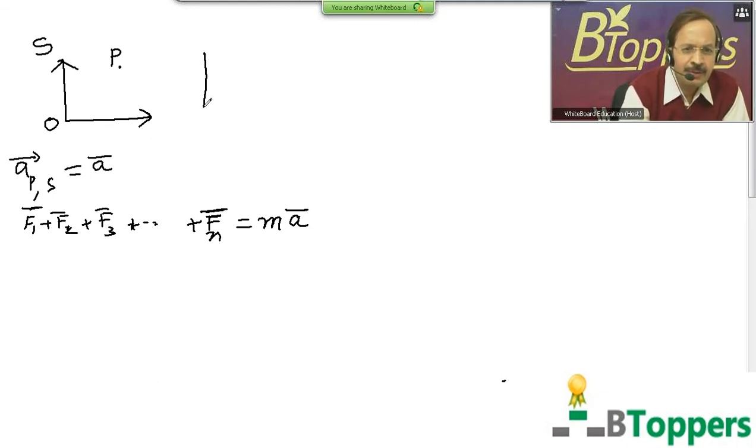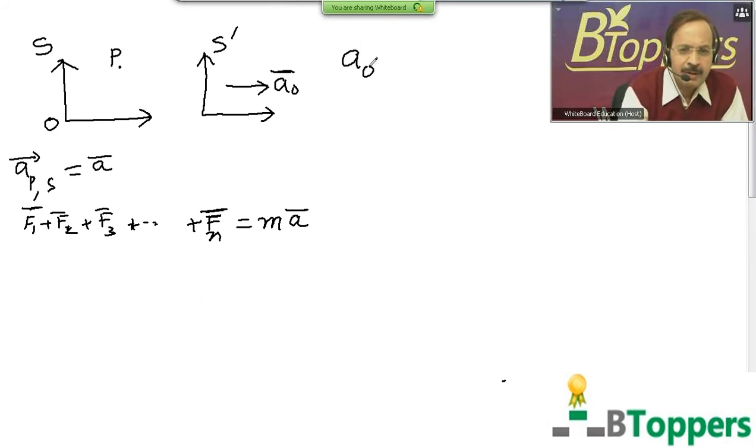Now let S dash denote another frame of reference, which is moving with some acceleration a naught bar with respect to inertial frame.